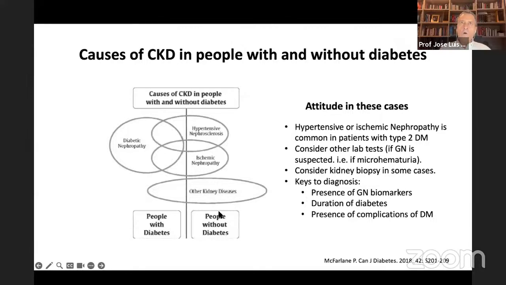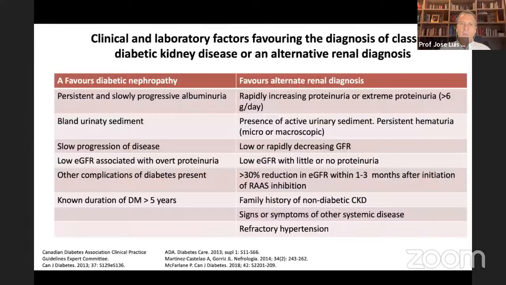So how can we distinguish, because there is some overlap in most cases? This slide shows some concerning clinical and laboratory features that would lead to suspicion of a kidney disease unrelated or related to diabetes and require additional testing or referral to nephrology and potentially a kidney biopsy.